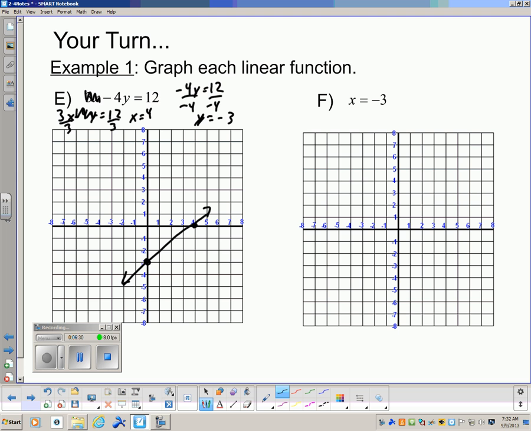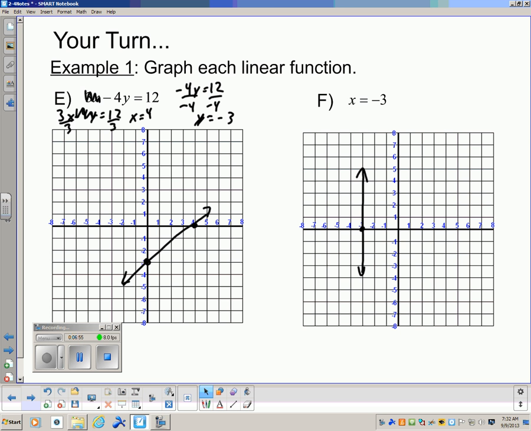And then letter F over here says x equals negative 3. Again, we just see an x equals. We know this is a vertical line. The x-intercept there is at negative 3. And I'm simply going to draw a vertical line right through that. And I'm finished. That's only true when you've got x equals just a plain number.